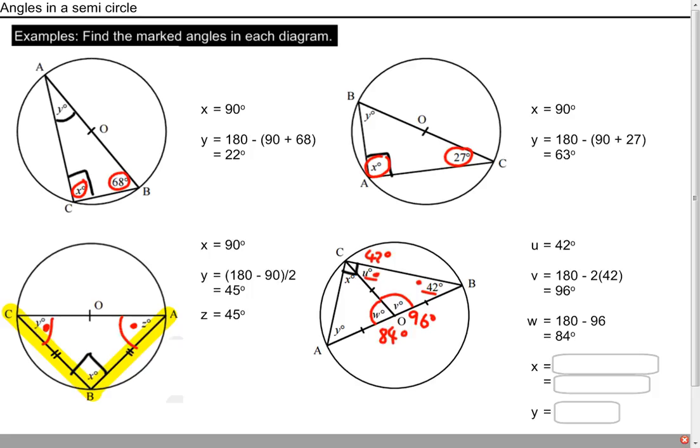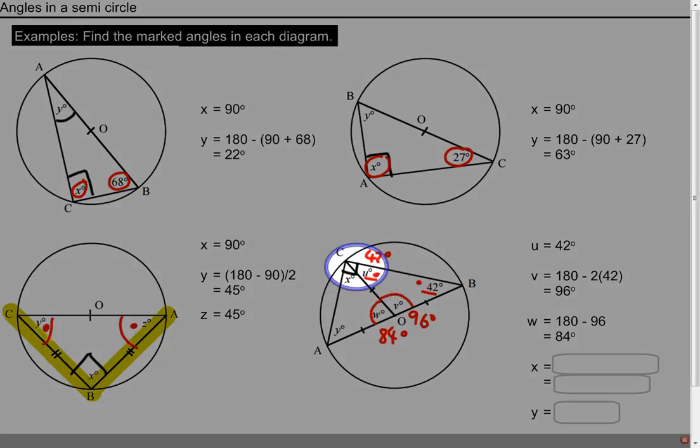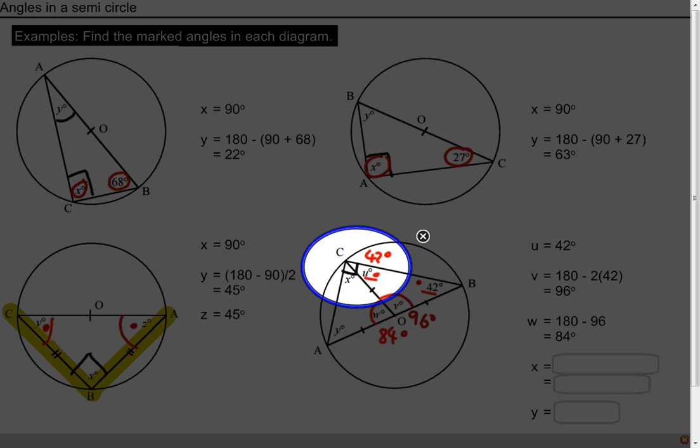Well, I don't know how to find y, but if I look at x up here, my right angle has finally come into play.